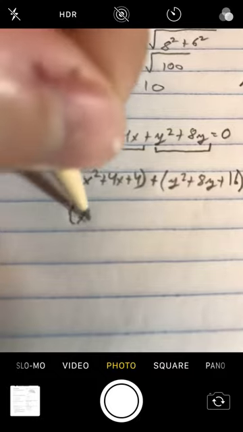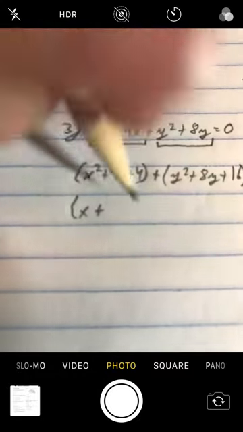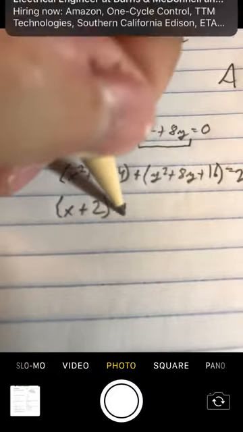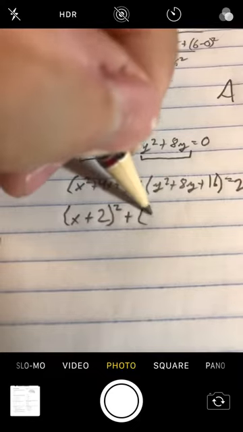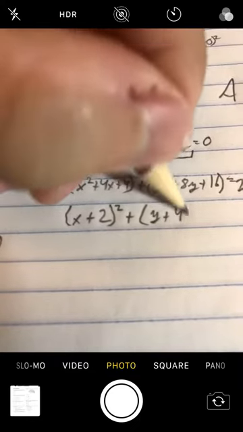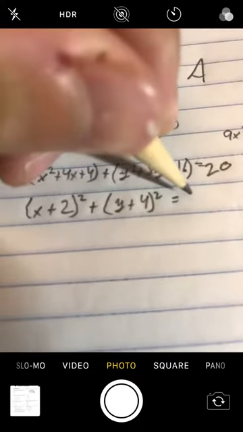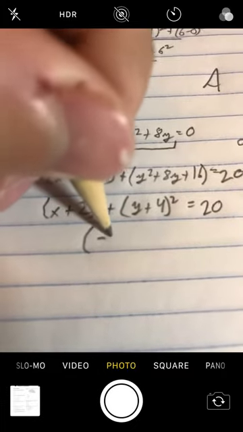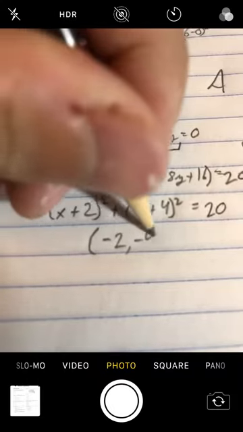Next, we have to simplify the perfect square trinomials into binomials, but keep them squared. So our center is going to be -2, -4.